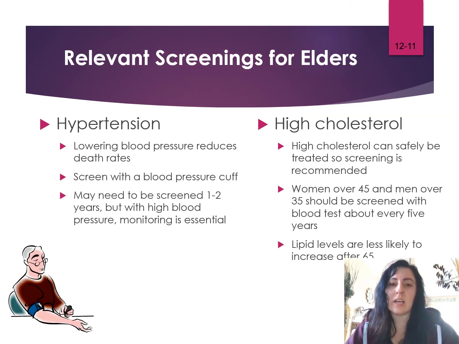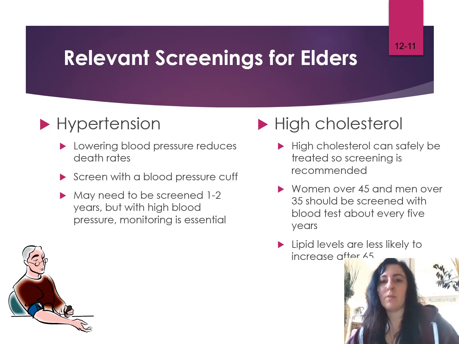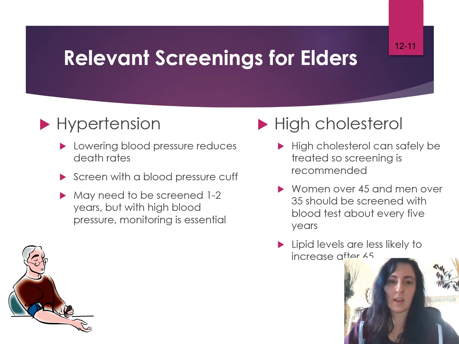So hypertension: lowering blood pressure reduces death rates. Screen with a blood pressure cuff. Hypertension may need to be screened every 1 to 2 years, but with high blood pressure, monitoring is essential.